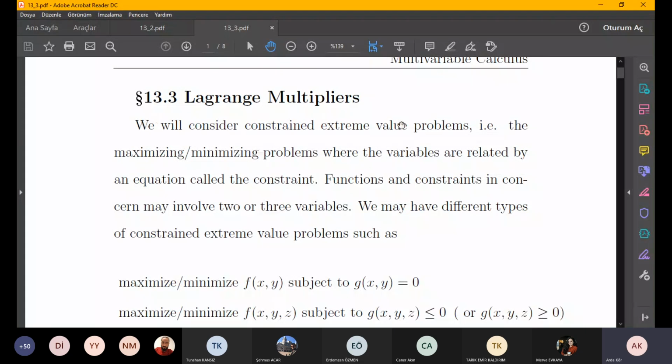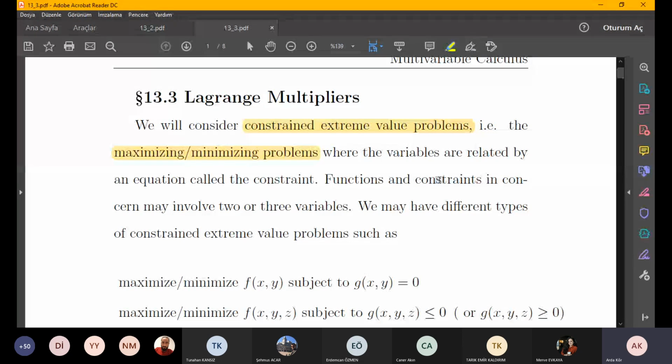Here we will consider constrained extreme value problems, for example, maximizing or minimizing problems where the variables are related by an equation called the constraint. So those will be constraint functions.